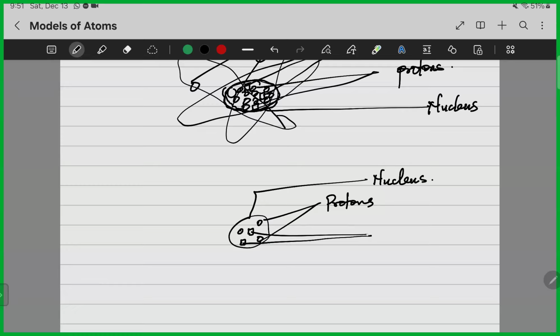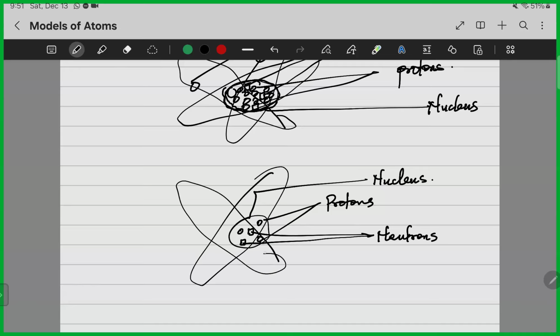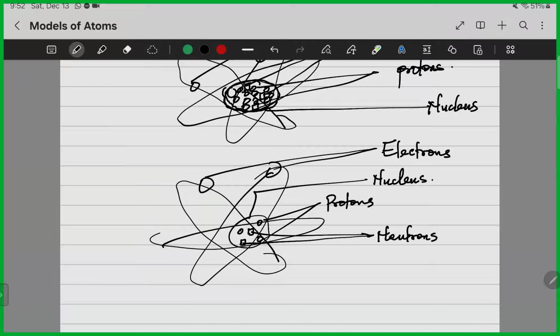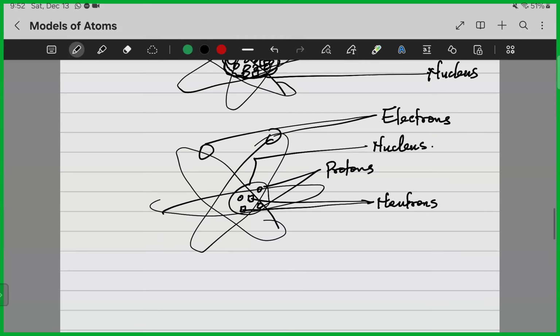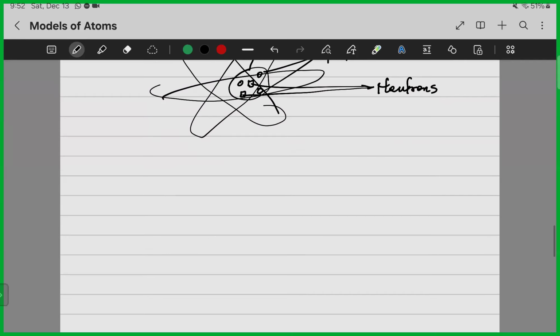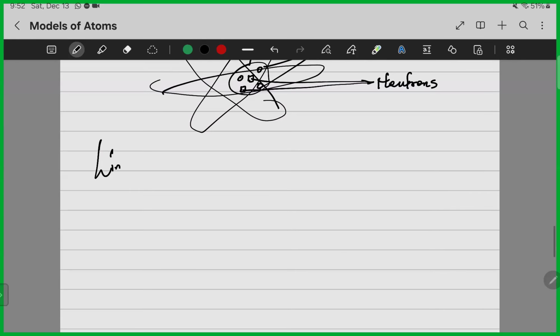Around that nucleus, we have orbits cycling round, and those orbits contain things called electrons. So that is the idea of Rutherford. Those orbits are like the orbit of the planet around the sun. That's the simple idea.